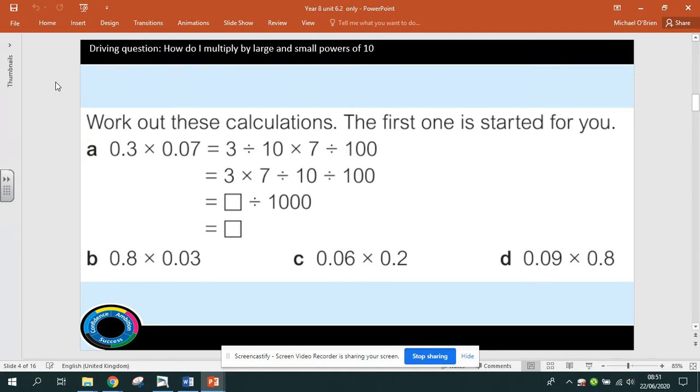On the next line, they've just grouped the multiplying together, which is the 3 times 7, and the dividing together, which is the divided by 10 divided by 100. Now we've already looked previously at what happens when you divide a number by 10 and then divide it by 100. It effectively becomes the same as dividing by 1,000. And then you go from there. So I hope that helps a bit. But I think by the time you've done a few of these, this will all make perfect sense. So pause the lesson now and return back when you're ready for your answers.